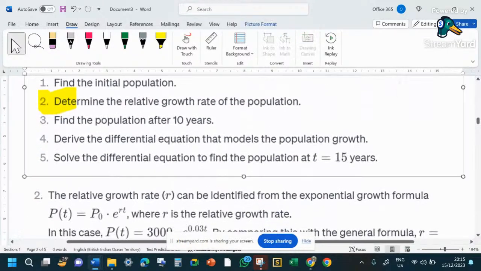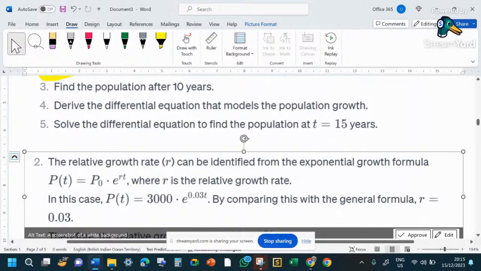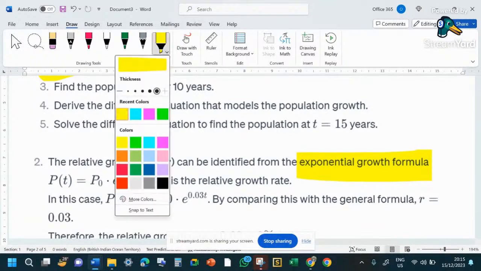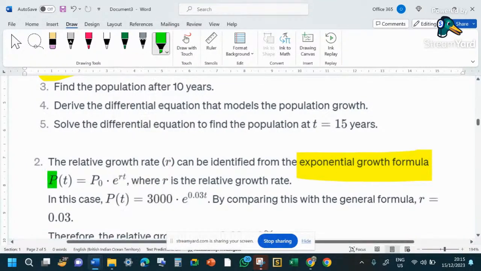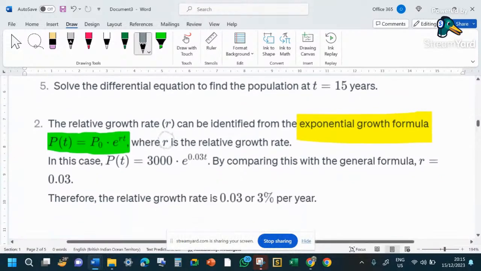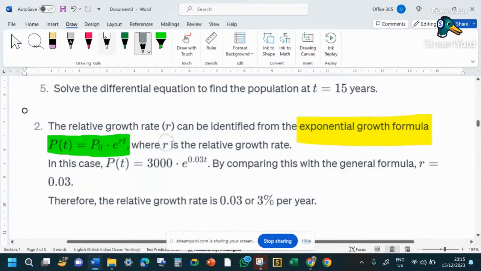Now, with the exponential growth formula, it is actually P of t is equal to P0 times e to the rt, where r is the relative growth rate, and we are looking for the relative growth rate here. Therefore, as you can see here, the 0.03 is r.